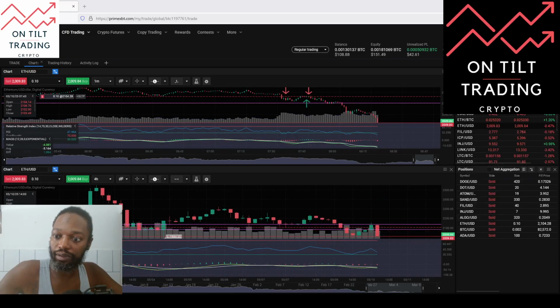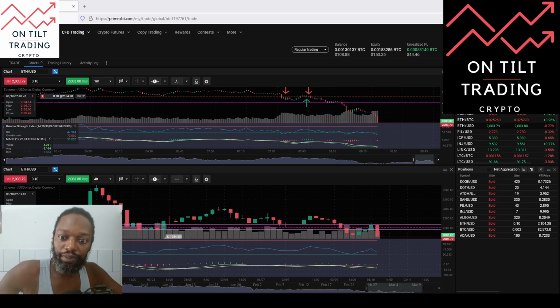So this is R3 right here. Up here this is R4. And then down here, this is R3. This is a 4-hour chart. I don't normally trade off of it, but I'll switch to the 15.